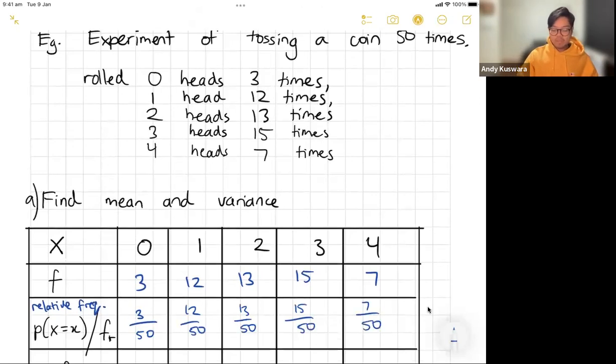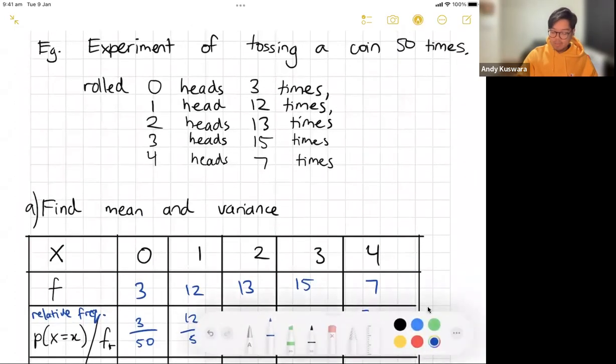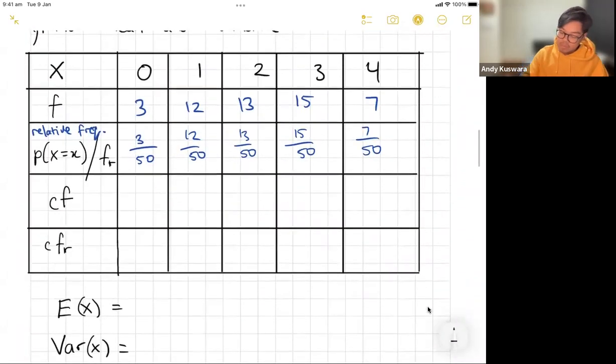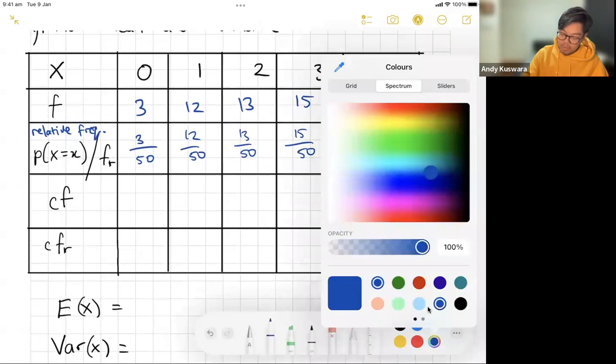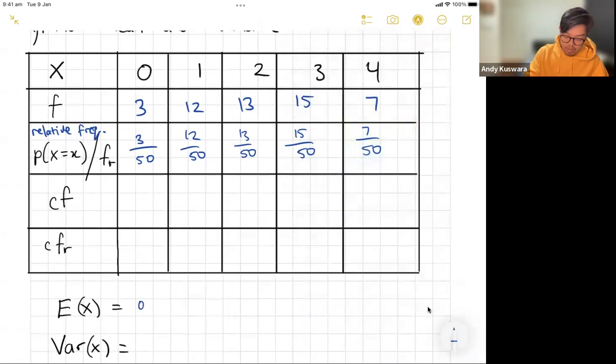Now, to find the mean, technically we can go straight ahead and find it here. I wonder if I've left room for this. Yeah. To find the mean, this is enough information. The mean, or expected value, is 0 times 3 on 50, plus 1 times 12 on 50, plus 2 times 13 on 50.